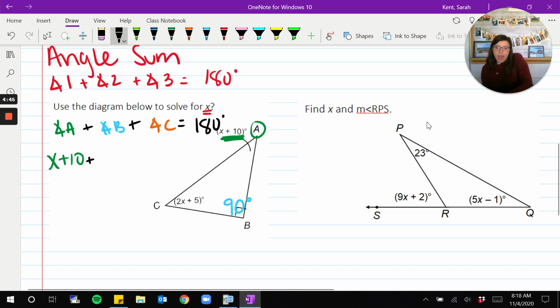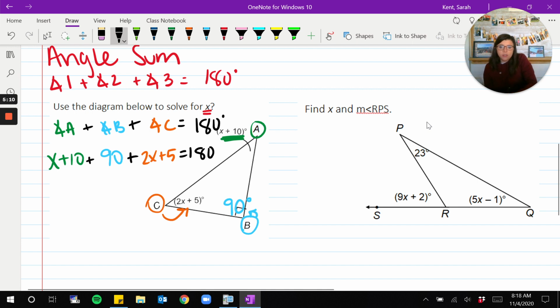Then I'm going to add whatever I have for angle B, which is 90. Plus, I want to look at angle C, which is 2x plus 5, and all of this equals 180 degrees.